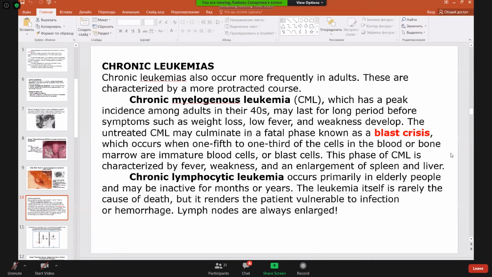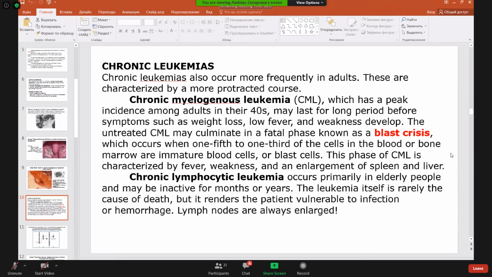And the transformation of chronic leukemia into the acute one will kill the patient, and we will see the most popular complications like hematomas, bleedings, and development of secondary infections. And chronic lymphocytic leukemia usually occurs in old people, and it can be inactive for months and sometimes for years.